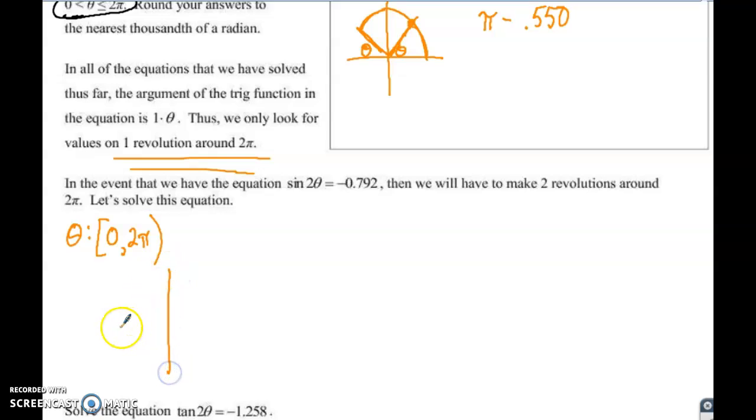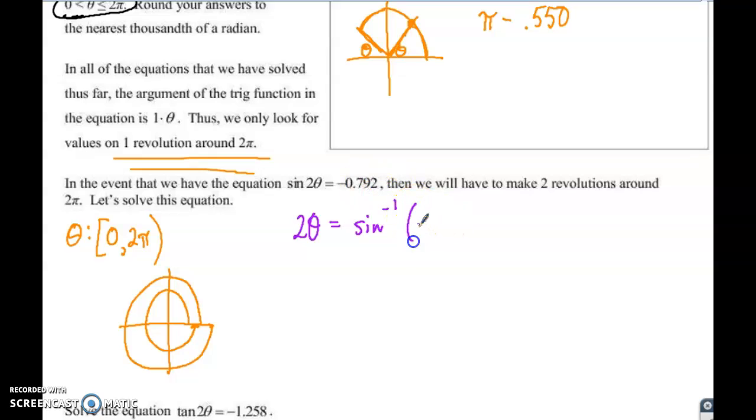let me think of it this way. Theta was just between 0 and 2 pi, and then later we double it, so there's a second rotation going around. So the premise here is that when you do this step, 2 theta is equal to the inverse sine of negative 0.792.